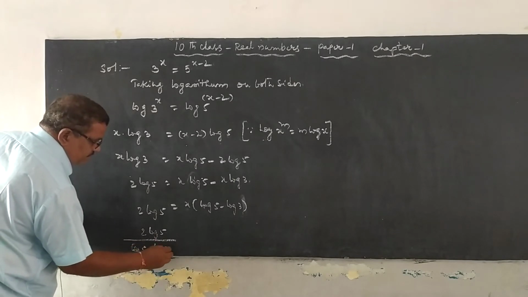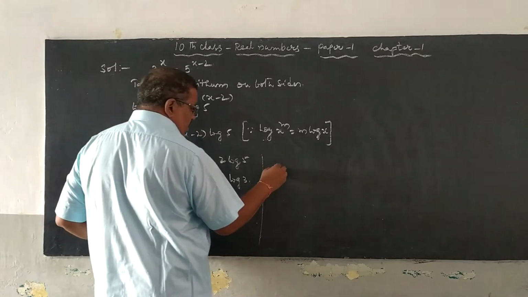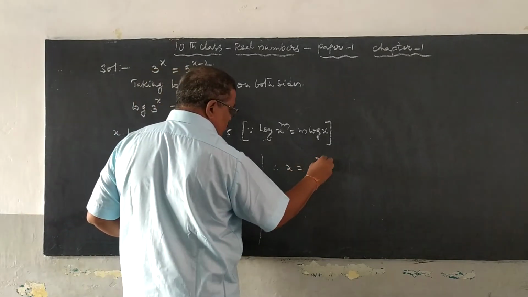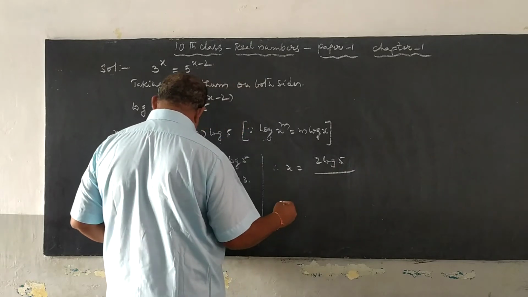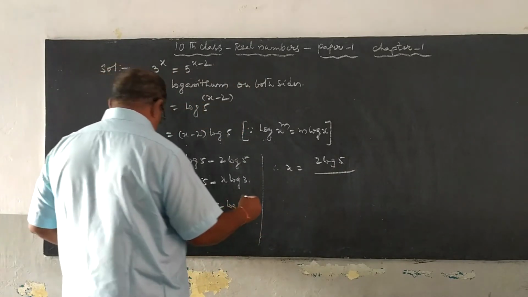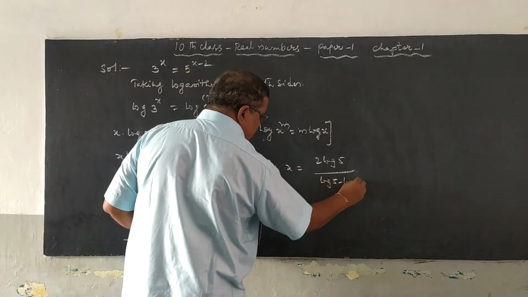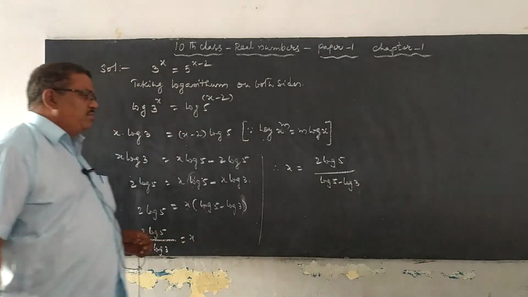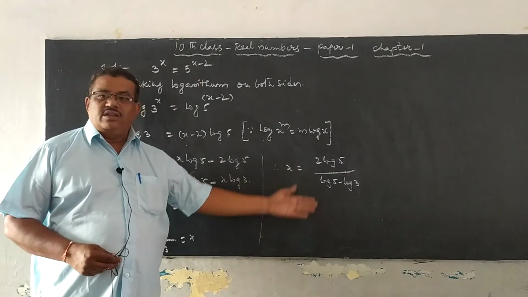Finally, the conclusion is, therefore, x is equal to 2 log 5 by log 5 minus log 3. This is the value of x. We get the solution in terms of logs.